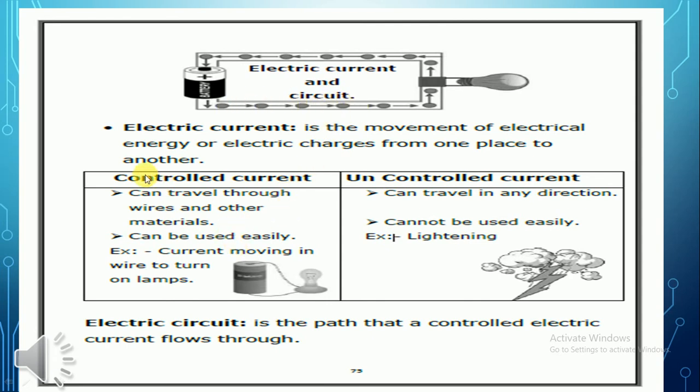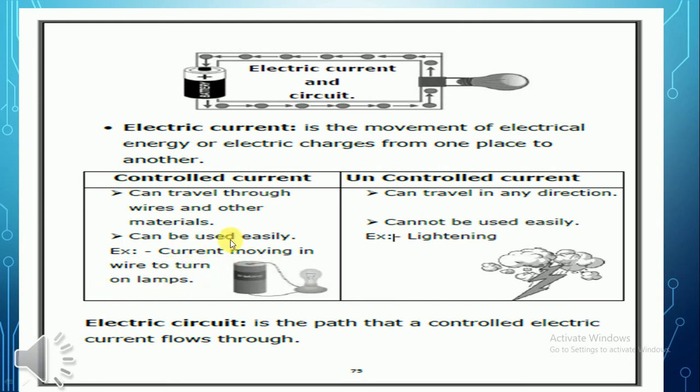So we have controlled current and uncontrolled current. Controlled current can travel through wires and other materials. Like you see here, we can control it, switch it or turn it on, and it can be used easily, like current moving in a wire to turn on lamps.